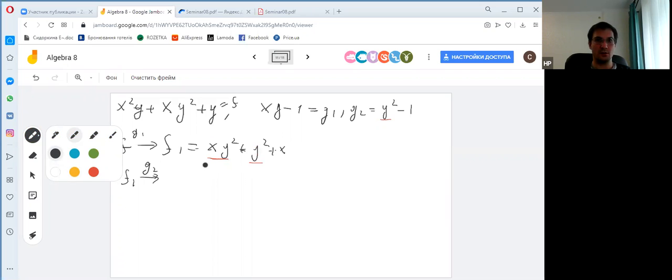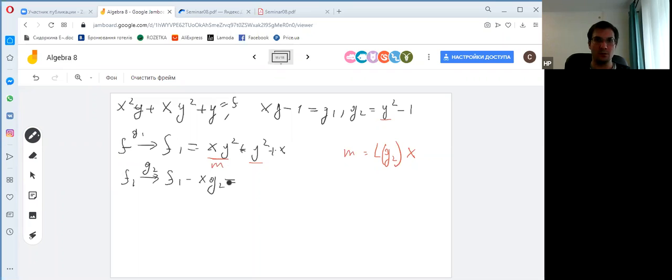Let us deal with the second term, m equal to xy squared, and this m is equal to the leading term of g2 multiplied by x. So we go to f1 minus x multiplied by g2.